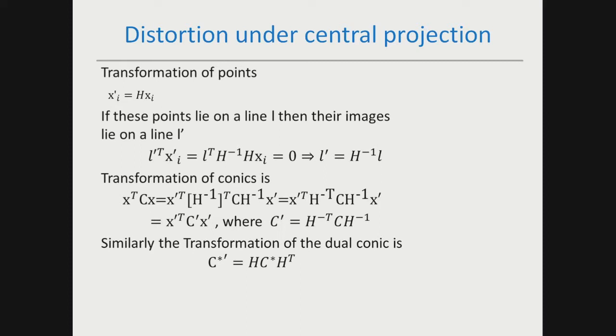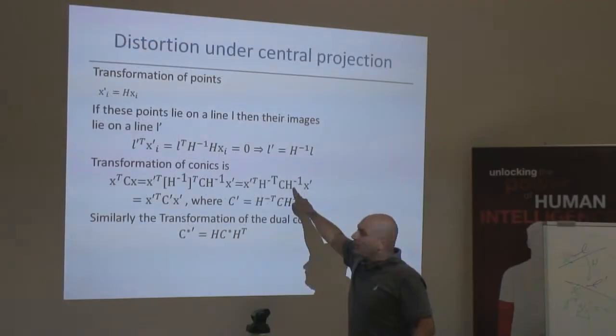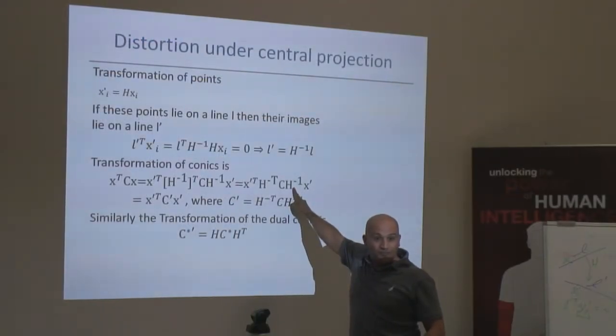Then we take x prime, which represents the mapping of the point, so x is H minus 1 x prime, because we take the opposite. Then we take H minus 1 x prime from the other side, and this part will give us the result. So in this case, this part will be the mapping of the point.